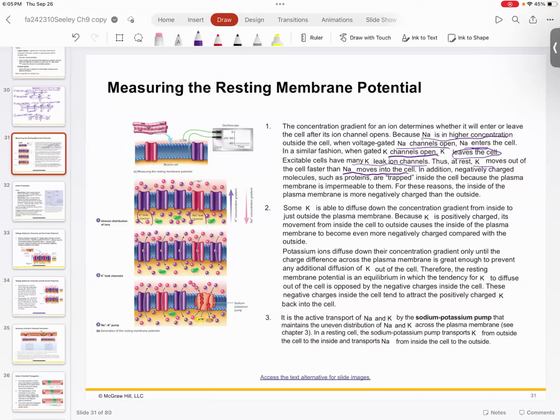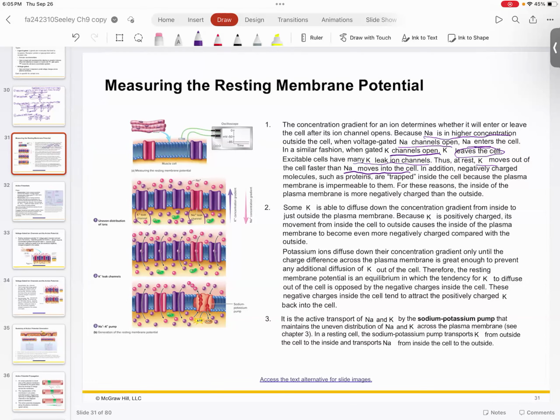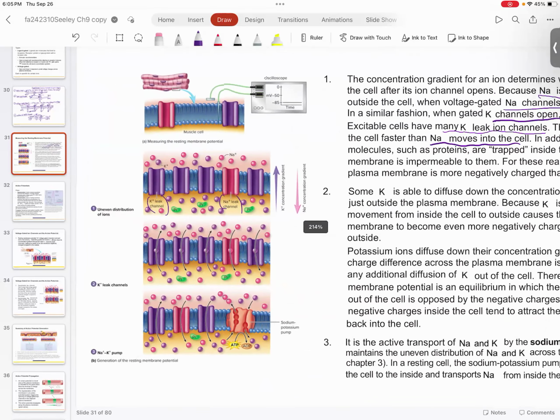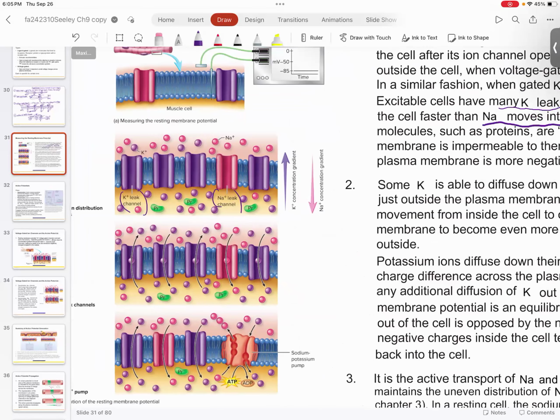So ultimately, at rest, you're going to see a series of gated channels and these leak channels. As you have your sodium concentration on the outside, you'll allow some sodium to leak through and come back in, because your pump is constantly pumping that back out.